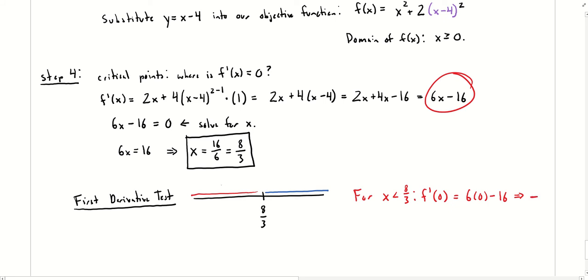So on that interval my first derivative is negative. On the interval for x greater than 8/3, I'm going to plug in a value of 3. So I get 6 times 3 minus 16. 6 times 3 is 18, minus 16 gives me a positive first derivative.